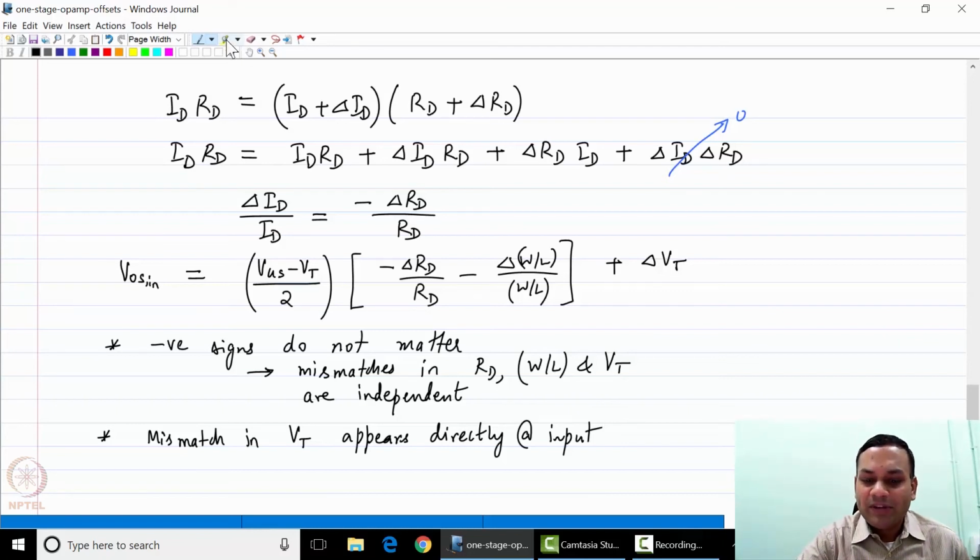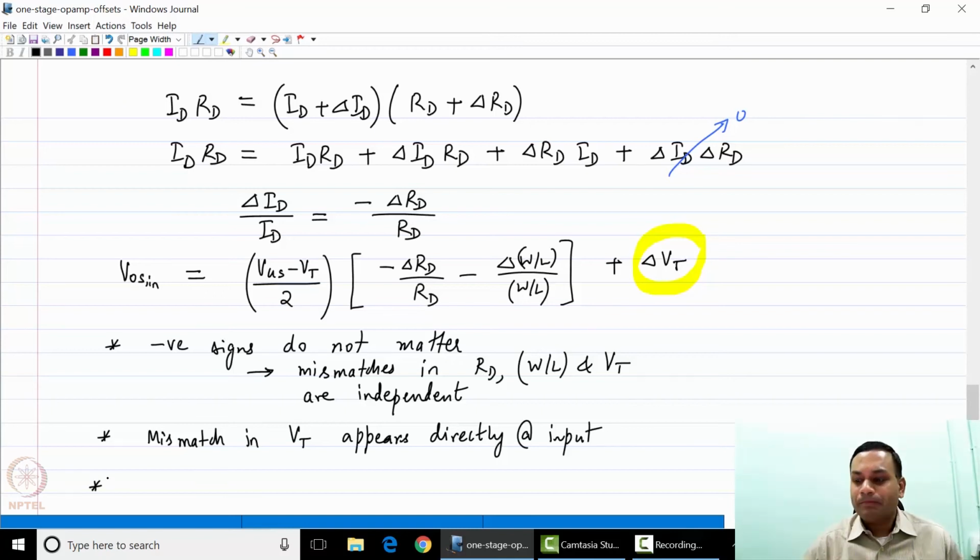You can see that the mismatch delta VT appears directly without any modification. This means that irrespective of how you design the circuit, the currents and voltages, for example, any mismatch in the threshold voltage would directly appear as an input referred offset. So therefore this is expected to be the dominant term.